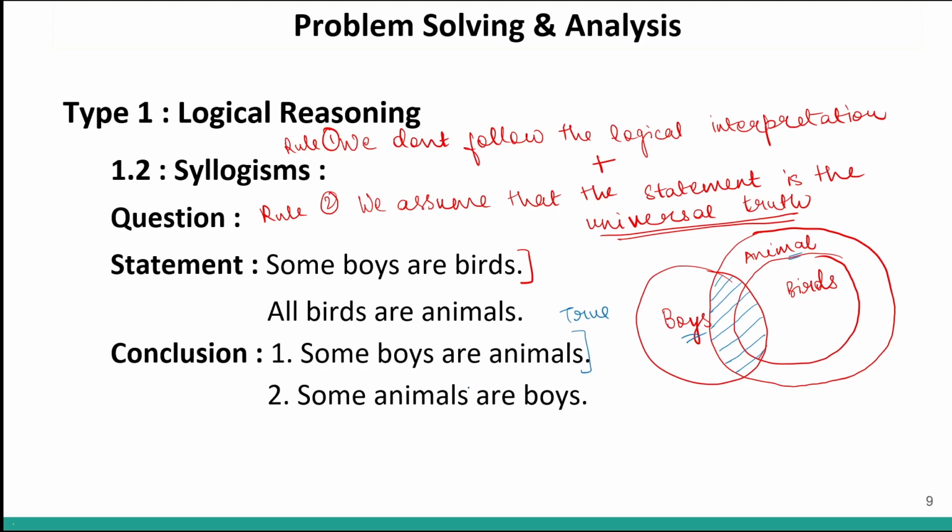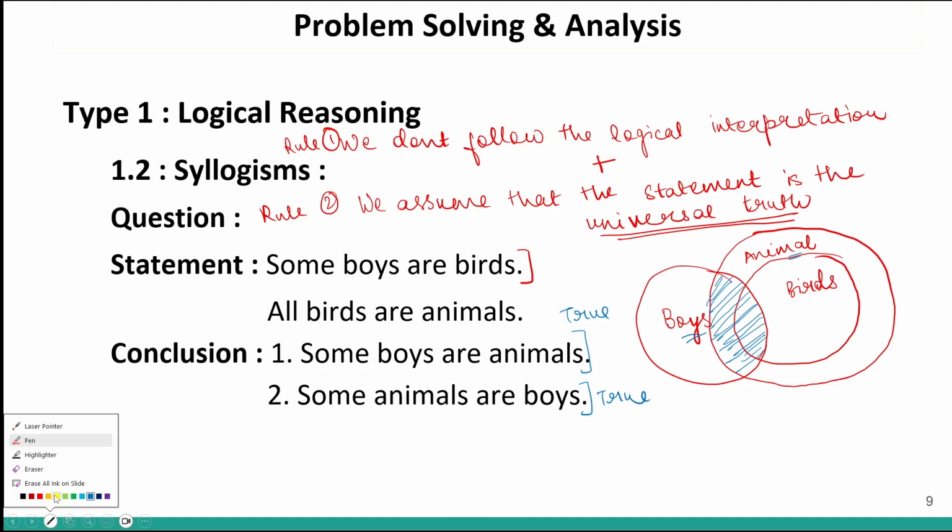Okay, now conclusion 2. Some animals are boys. So some animals, if you look at here, they are also a part of boys. There is overlapping if you look at this area. Correct? So this is also true.